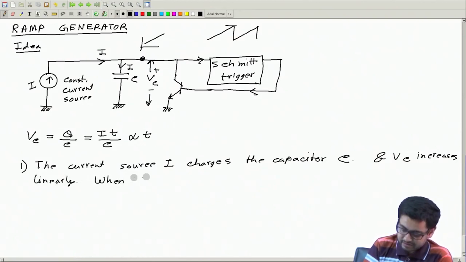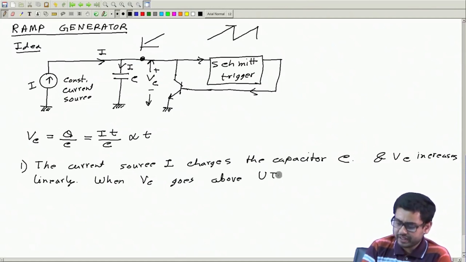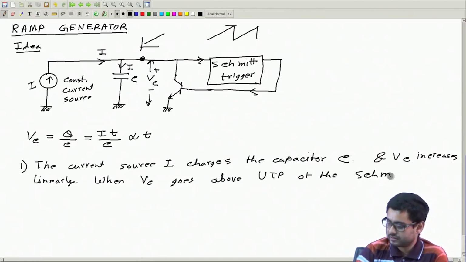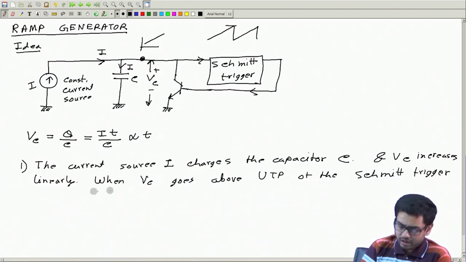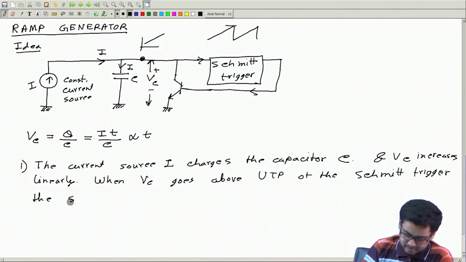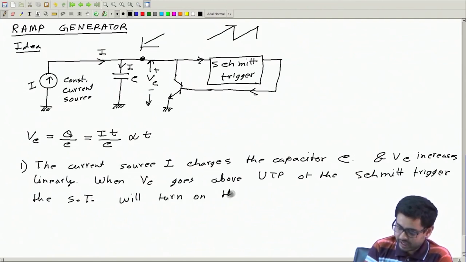When V_C goes above the UTP of the Schmitt trigger, the Schmitt trigger, in short ST, will turn on the transistor, the BJT.